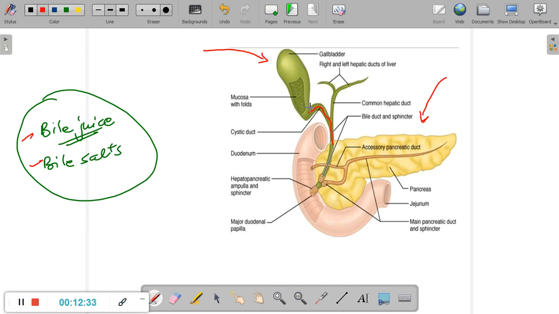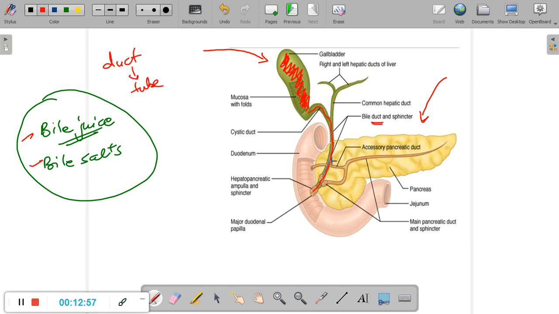You see this green long tube? This green long tube is called the bile duct. And these two juices, which I am drawing in red, the bile juice and the bile salt, are both released into this tube. The scientific term for a tube is a duct. So a duct is nothing but a tube.